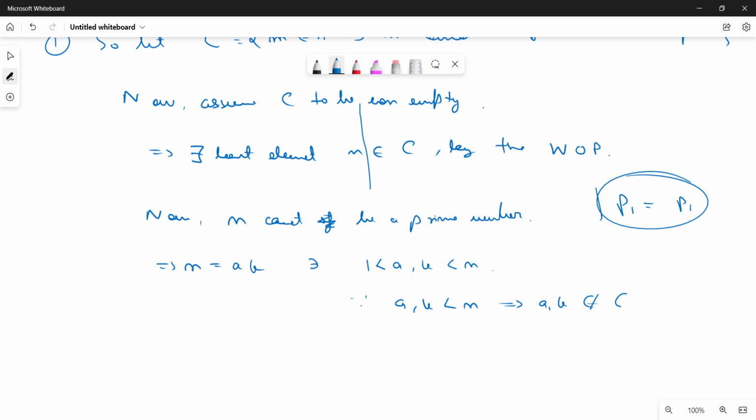Since a and b are less than n, a and b cannot be in C because n is the least element in C.